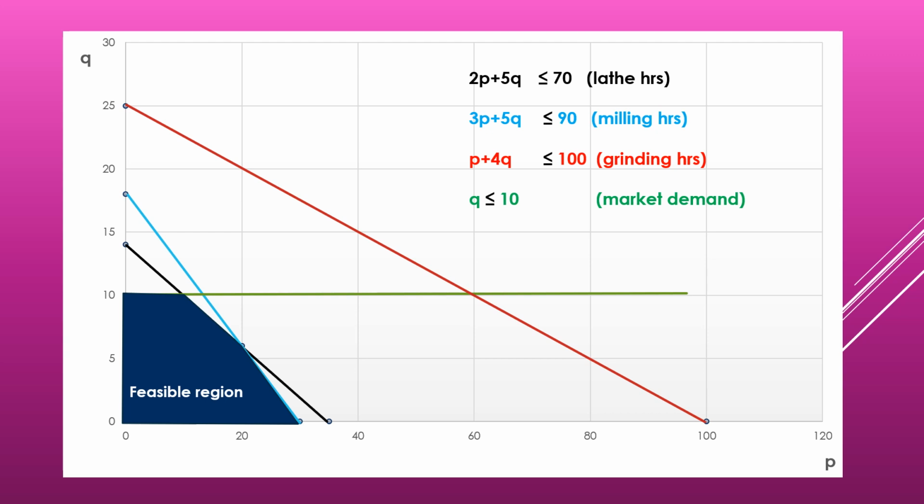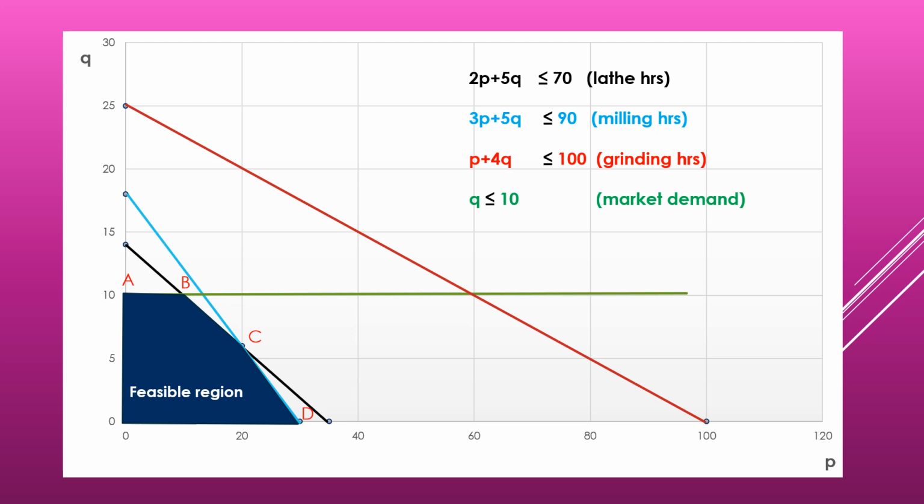All the constraints are less than or equal to. Therefore, to satisfy all four constraints, I have identified the feasible region as A, B, C, and D.